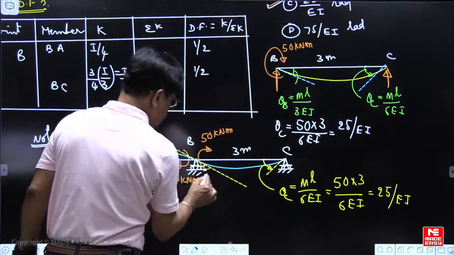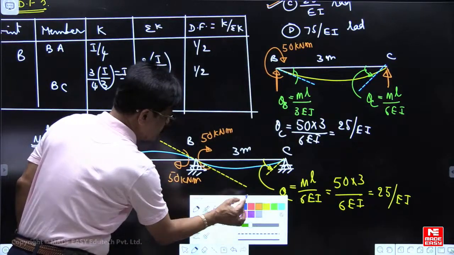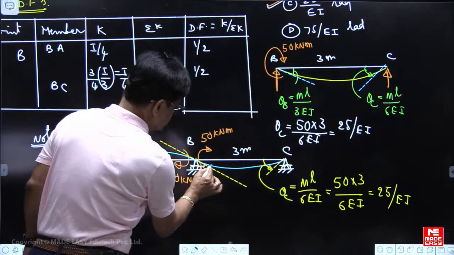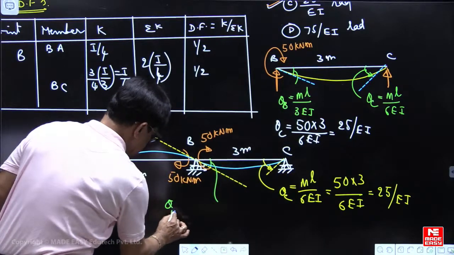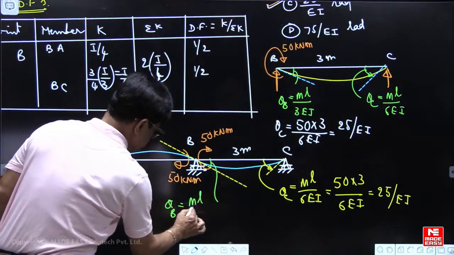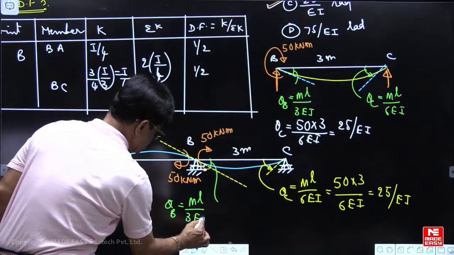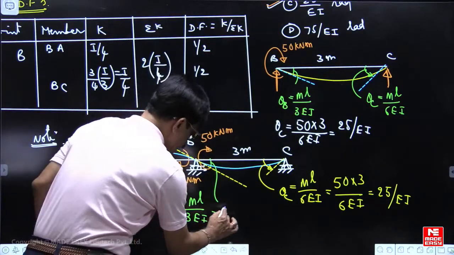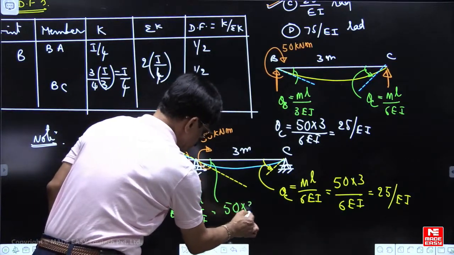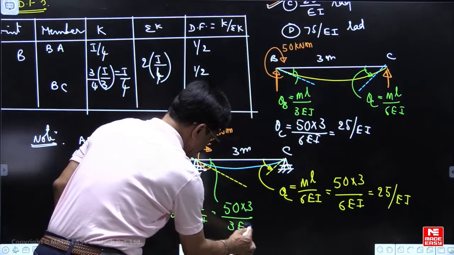If at all they ask you what is the slope at B, we could have answered after the sharing is over, 50 into 3 by 3EI.